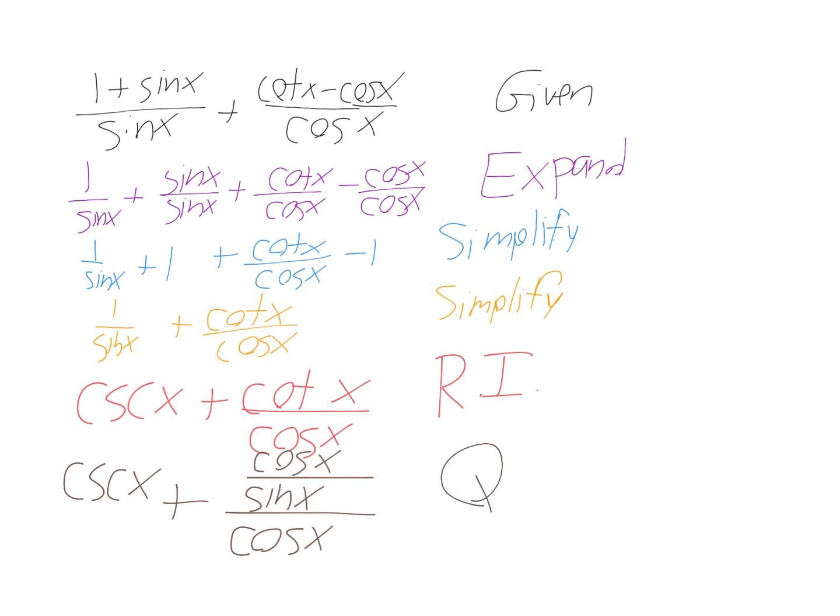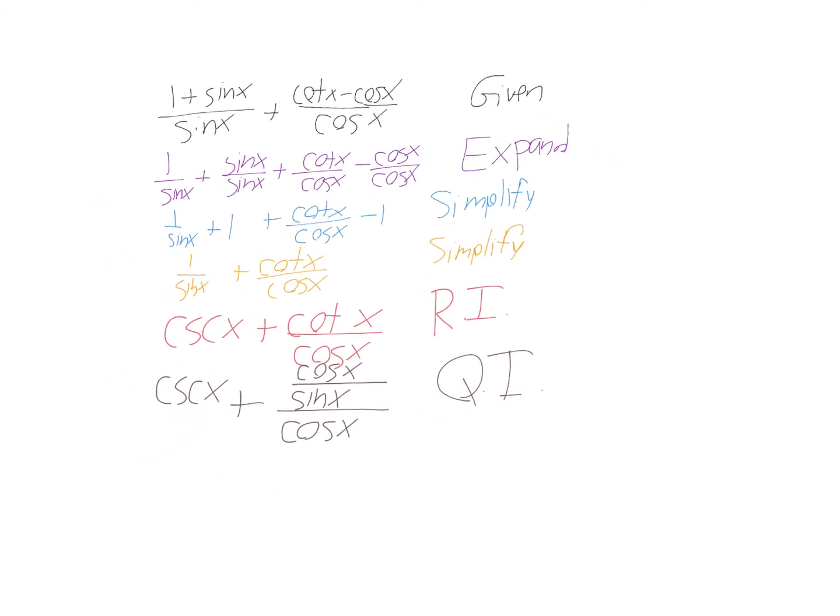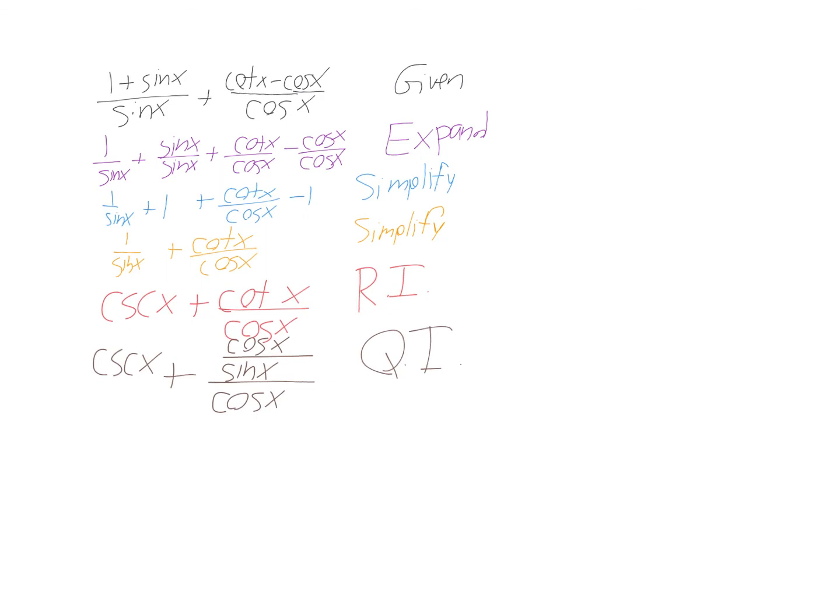So that's going to be my quotient identity. Now, technically, all numbers are always being divided by 1 and multiplied by 1. So this cosine of x in the denominator, I'm just going to put it over 1. I haven't changed anything, but that just helps us see that here we have two fractions being divided against each other. So we can use that for our next step.